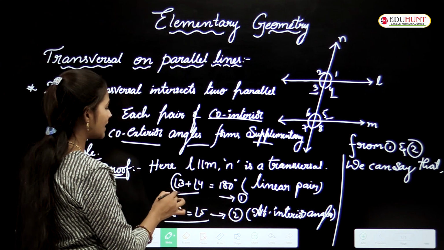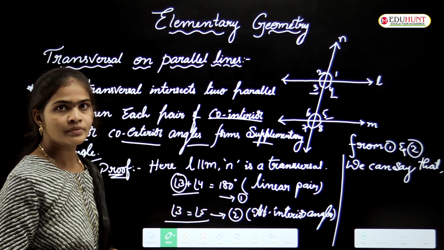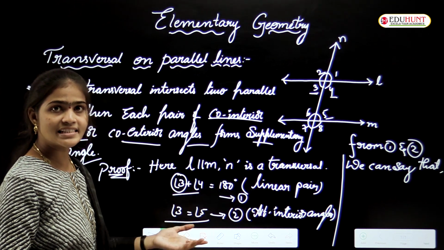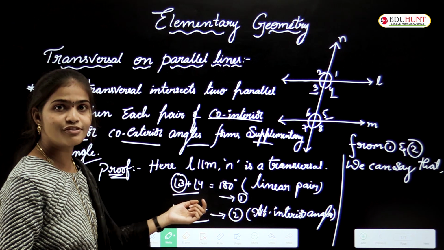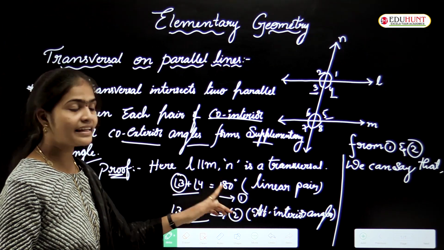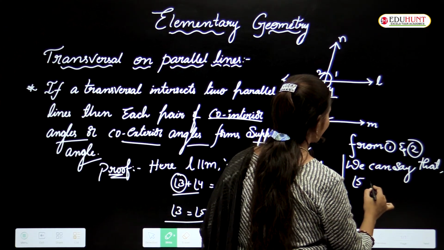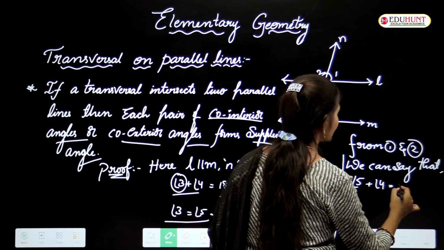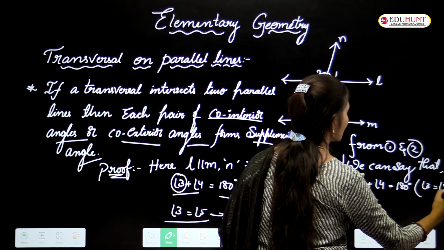So we can substitute angle 3 with angle 5, because angle 3 measures the same as angle 5, as they are alternate interior angles. So we can say that angle 5 plus angle 4 is equal to 180 degrees.